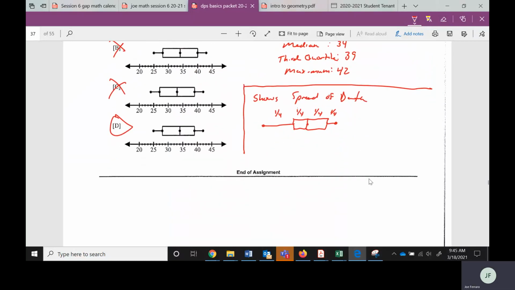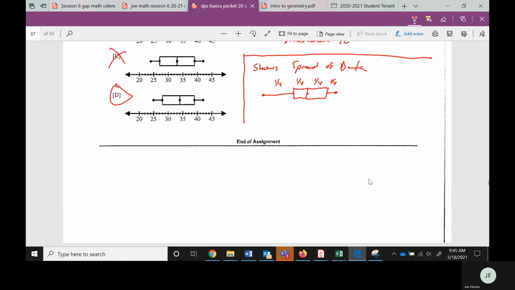Okay. Last thing I'm going to show you on this, just general notes. If you had an even number of data, so this is again just a different example. I'm just going to already put them in order. So just in case you come across, up here that was an odd number of data, and it was easy to find the medians. So I just made this one really easy, up by 2s.